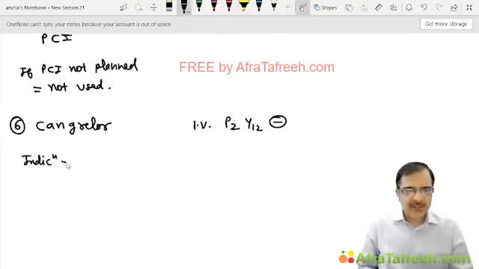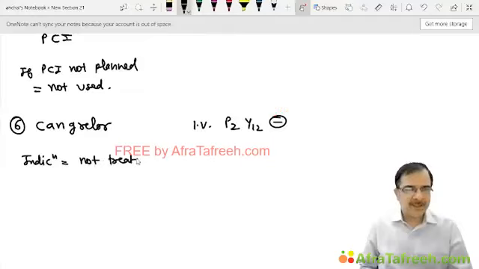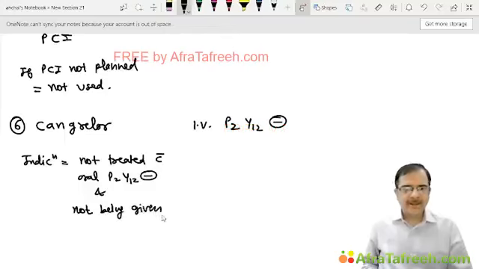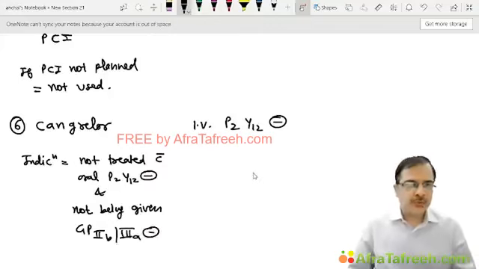The indication is for those patients who are not treated with oral P2Y12 inhibitors and are not being given glycoprotein 2B3A inhibitors.